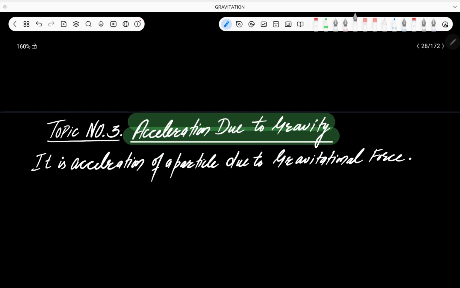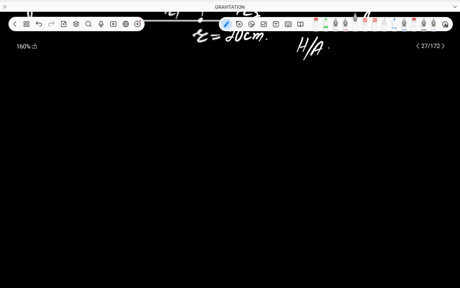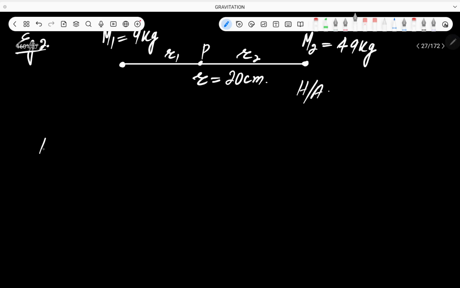Okay, so the next topic will be acceleration due to gravity. We are done with topic number 1, Newton's law of gravitation, which is simply that the gravitational force between the two masses is G m1 into m2 divided by r square, and we have done a good number of questions on this.